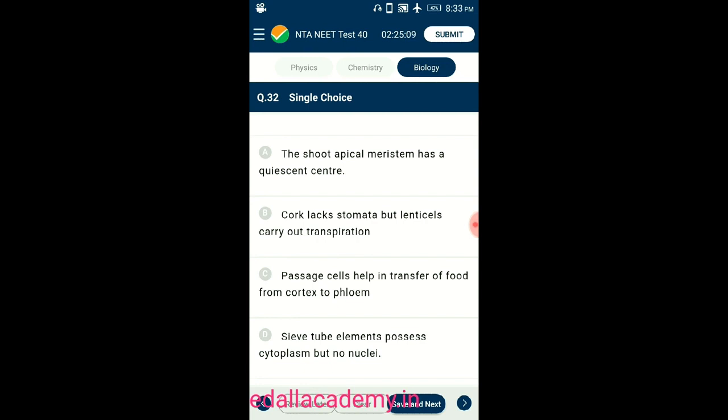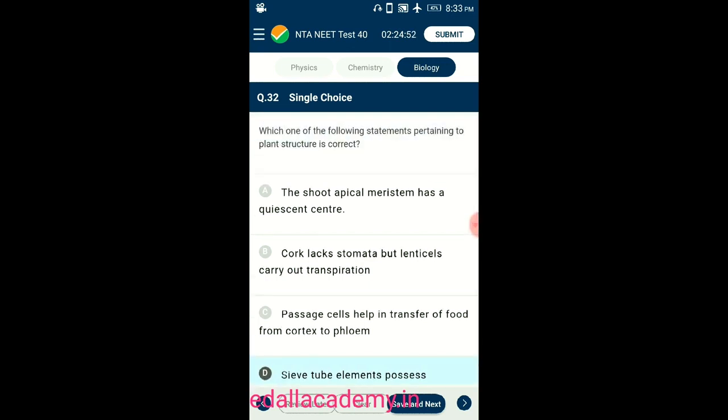Their metabolic activities are regulated by the nucleus of closely associated cells called companion cells. So the answer for this question is option D. Sieve tube elements possess a cytoplasm but no nuclei. So this statement pertaining to the plant structure is correct.